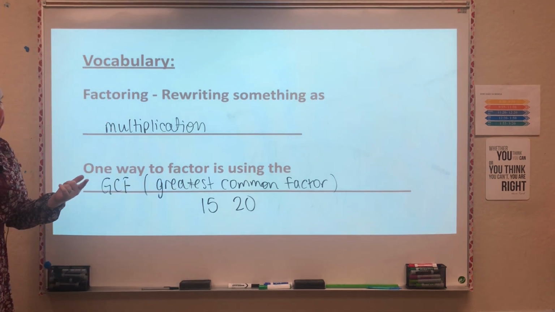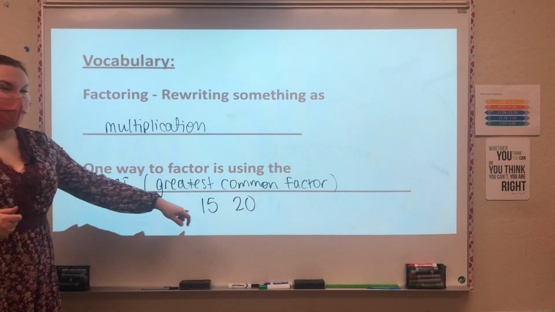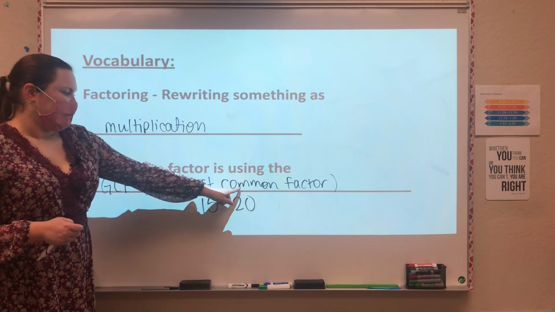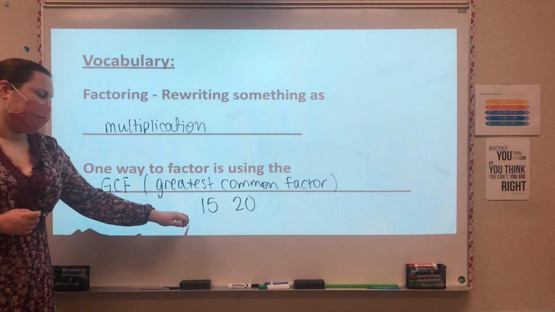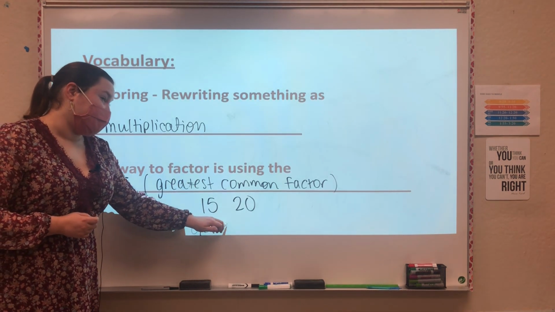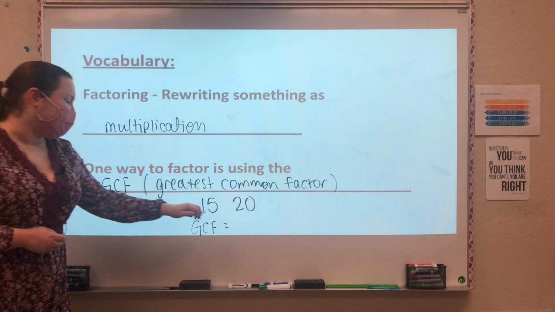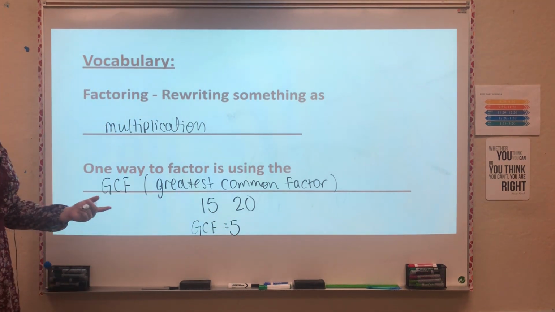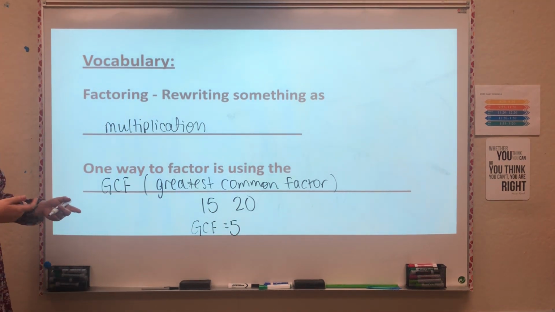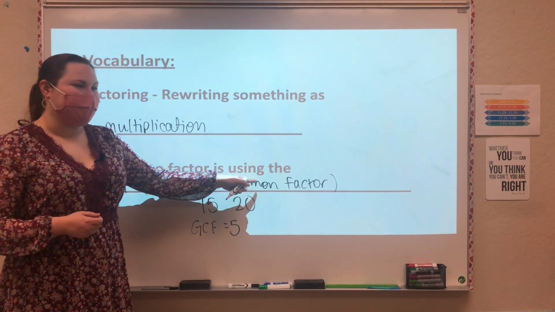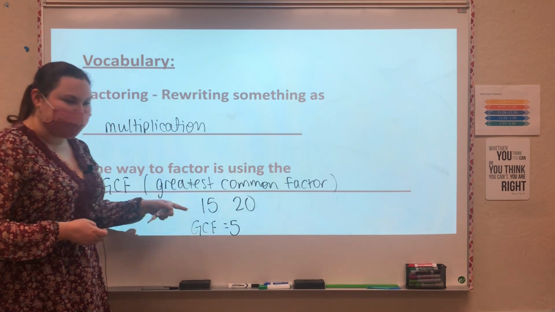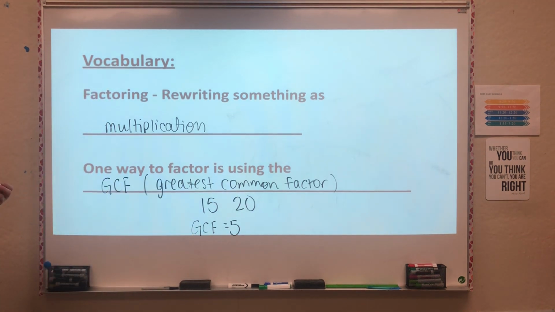Another way you can think of it maybe is like the biggest number you could divide both of them by. So it has to be a number they have in common. So for example, for 15 and 20, the GCF would be 5. Nice. 1 also goes into 15 and 20, but 1 is not the greatest. 10 goes into 20, but it's not a number in common because 10 doesn't go into 15.